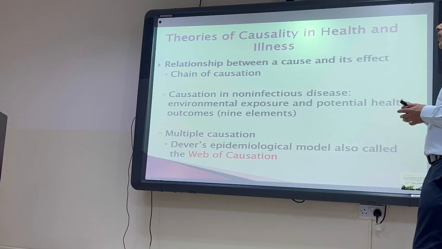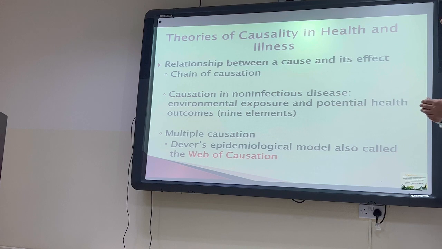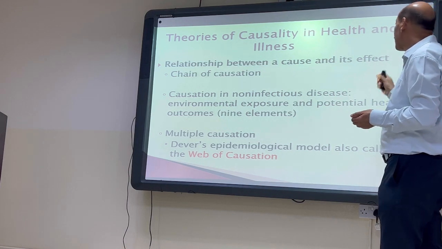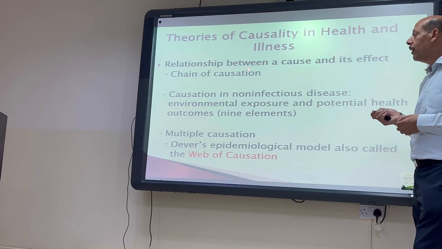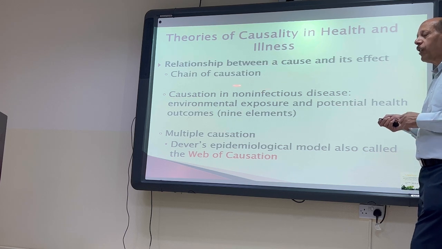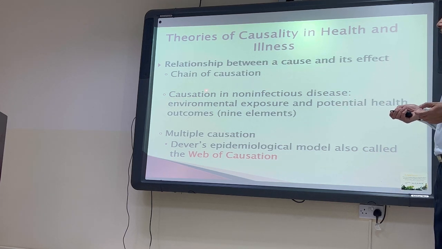There are theories of causality in health and illness, the relationship between cause and its effect, the chain of causation. We will see the chain of causation, how it happened.